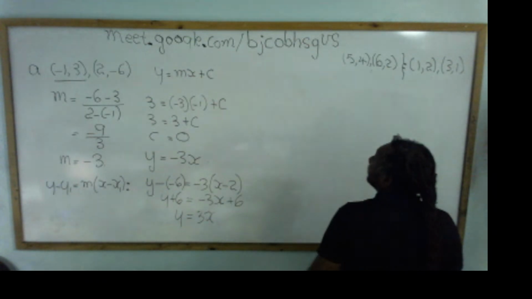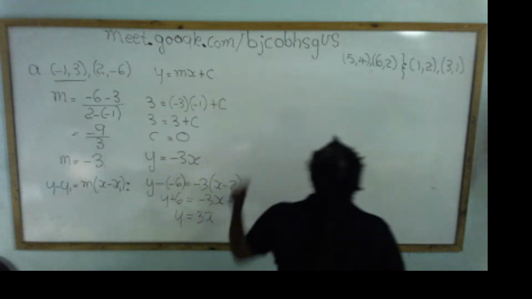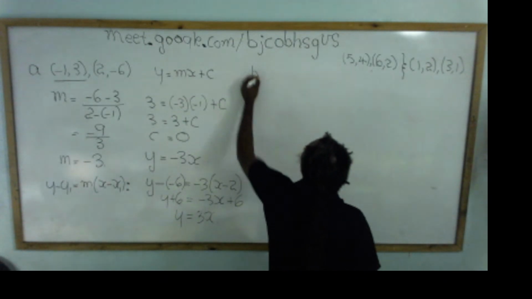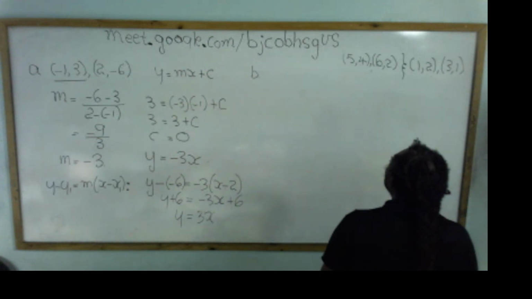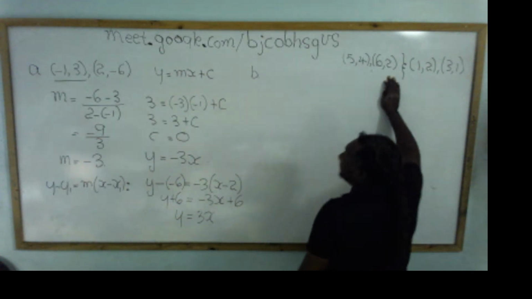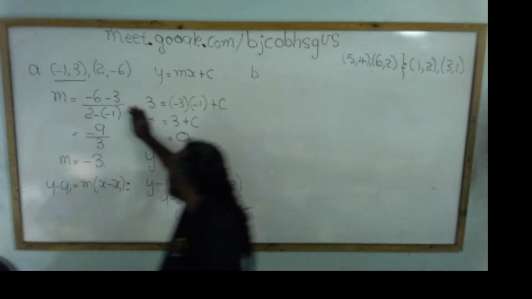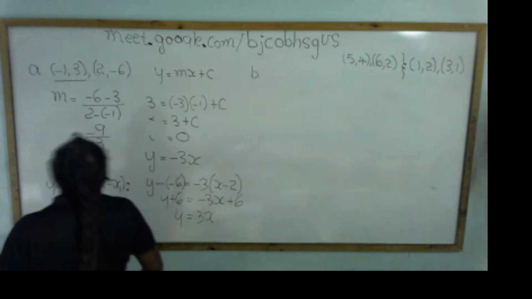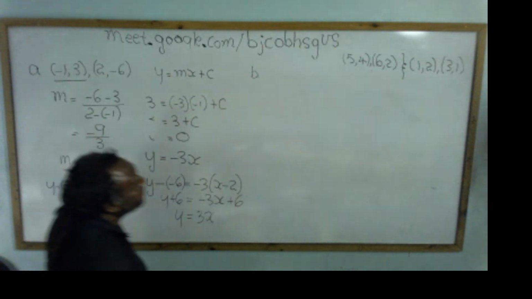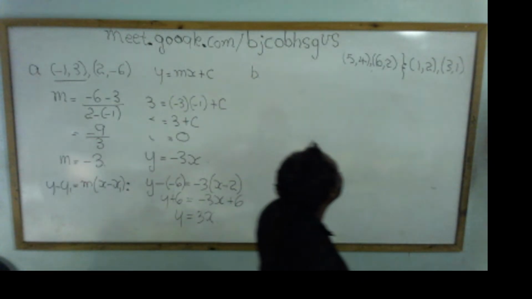So we're going to find the gradient. What's the gradient? The last time I did y2 minus y1 over x2 minus x1. I'm going to do the other way around. I'm going to do y1 minus y2.